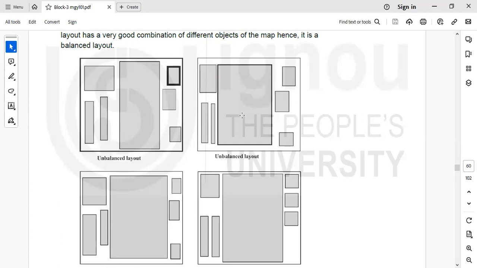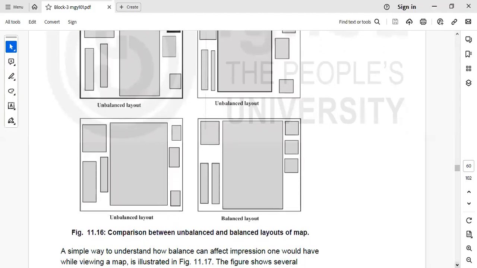So the second layout is also unbalanced because the features shown on the right margin and left margin are not properly arranged. So this layout can also not be used for representing the themes. And here the third one is also an unbalanced layout. Here the things are not properly arranged.